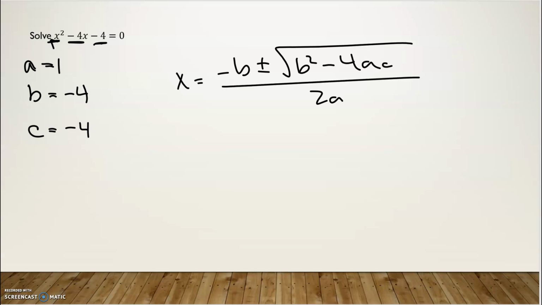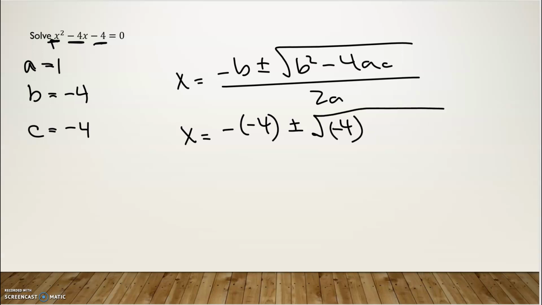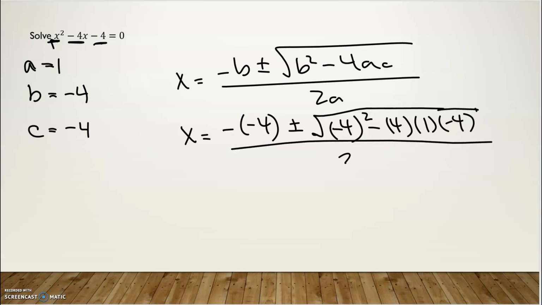And then you just plug and chug. So negative b, so negative (negative 4), plus or minus the square root of negative 4 squared minus 4 times a times c, all over 2 times a. Okay, and then we just work through cleaning this up.